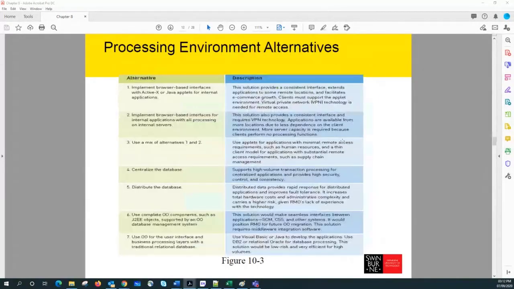Based on this, we can determine what processing environment alternatives we can have in different areas. So they have come up with these processing environment alternatives, saying what kind of centralized database they require, or if they use a distributed database, what sort of distributed databases they use, etc.